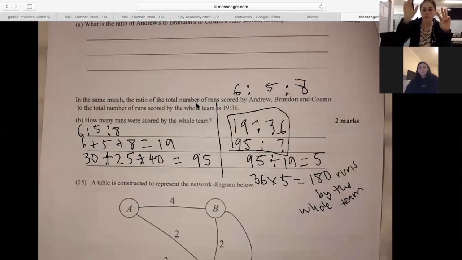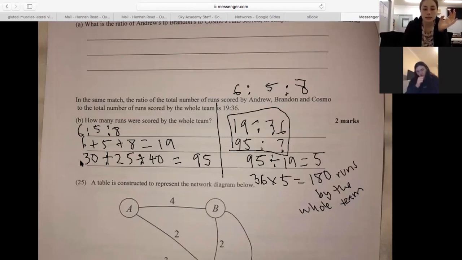We did 6 plus 5 plus 8 equals 19, so Brandon, Andrew, and Cosmo added together was 19. Then we wanted to figure out how many runs that was, not just what the ratio was.